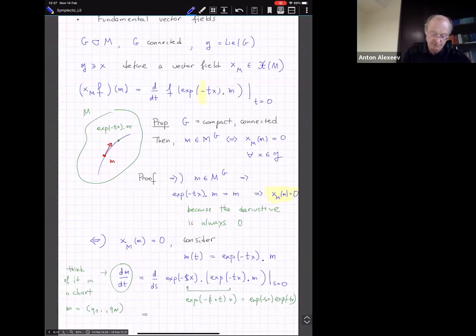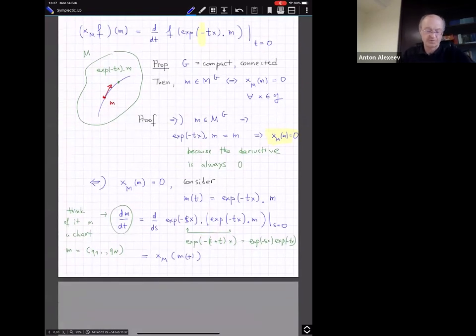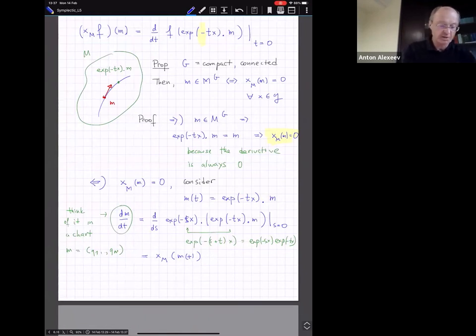But this is equal to x_M acting on the point m of t. So actually m of t satisfies the differential equation dm over dt is equal to x_M of m. But then what happens? We have the initial condition m of 0 equal to m, and x_M of m is 0.